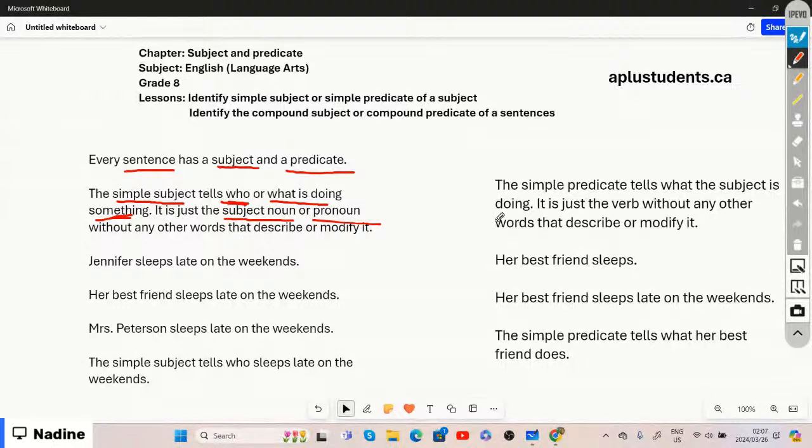If we identify our subject, the simple subject tells us who sleeps late on a weekend. It is Jennifer who sleeps late on a weekend, or the friend, or Miss Peterson.